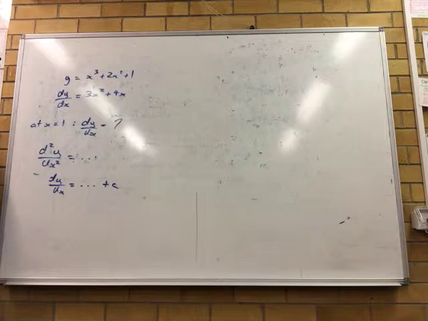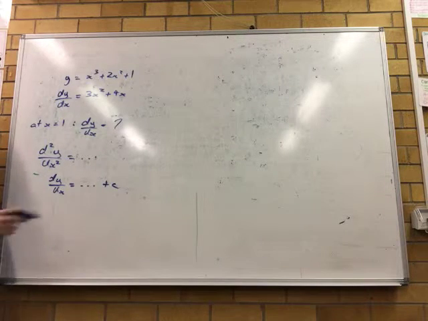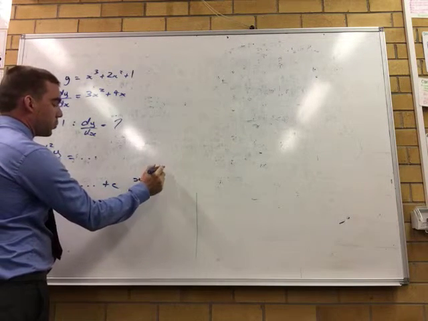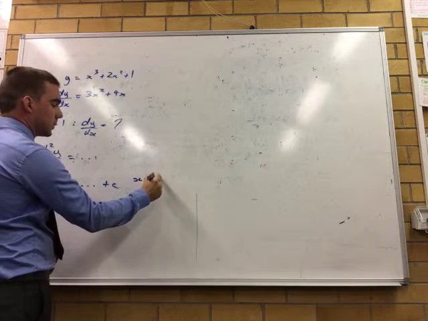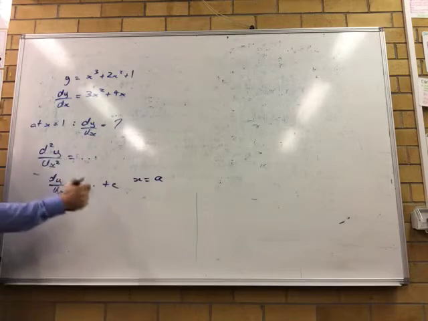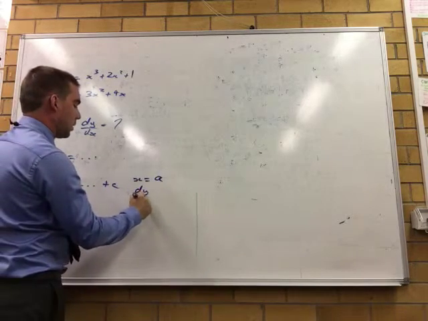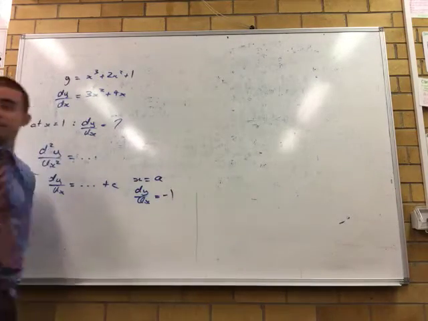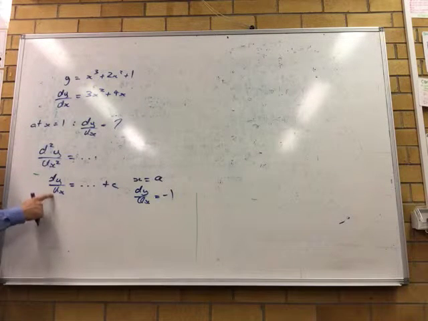You were told the x value, so x equals whatever it was, let's call it a. But I know that dy dx is -1, so that's why I replace this bit.